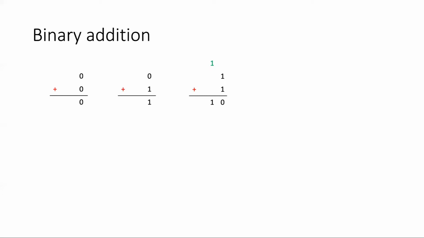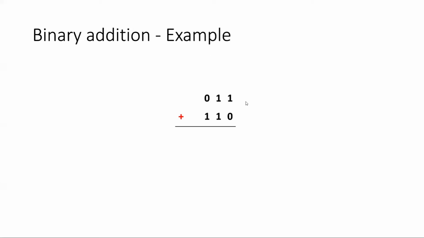So let's see an example. Here we want to sum 0, 1, 1 with 1, 1, 0. We start from the right most bits, as if we would do addition in base 10. We always start from the right most digits. So 1 plus 0 is 1.